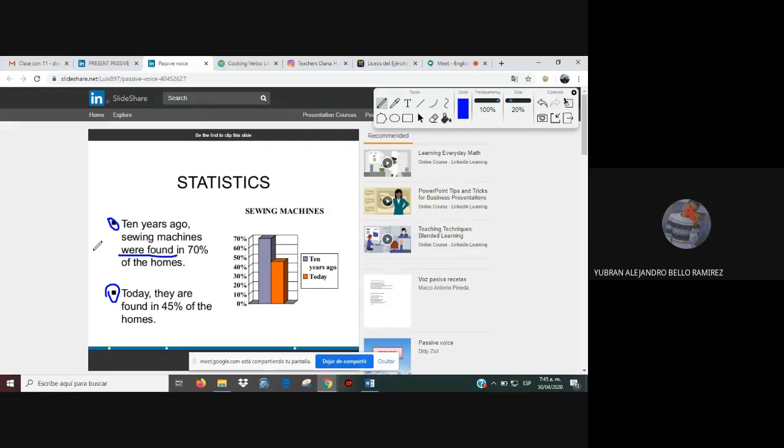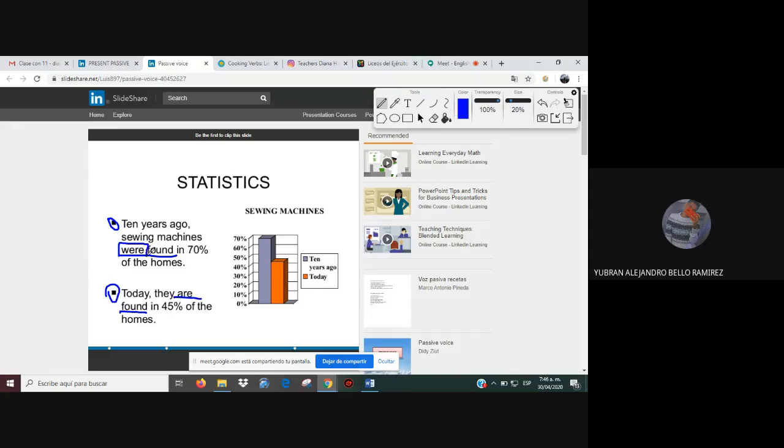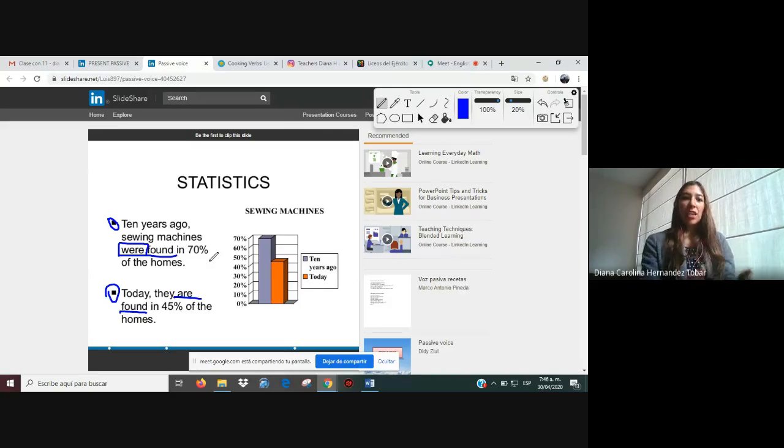And in the second it is "are found." Exactly. This passive sentence is in present simple, and this one is in simple past. Excellent. Okay. So, Juan, is this clear? Yes, teacher. Okay, great. Very well. Great. All right.